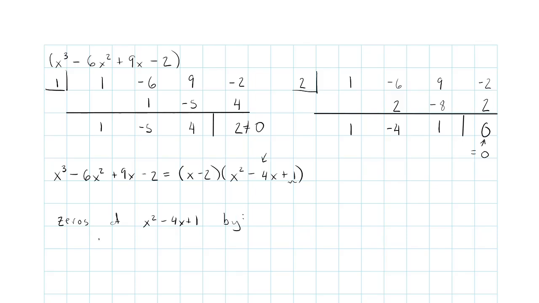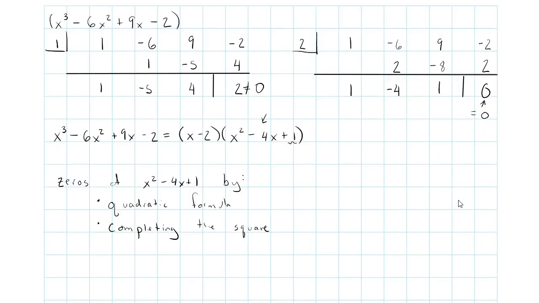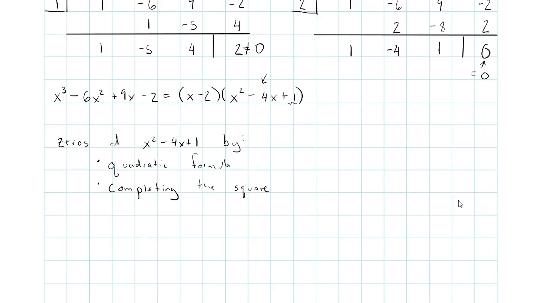I can use the quadratic formula, or I can use completing the square. And because these numbers are quite small, I'm going to choose to use completing the square. You could do this using the quadratic formula if you prefer. Right, so I've got x squared minus 4x plus 1 equals 0. I'll subtract 1 on both sides. X squared minus 4x is -1.